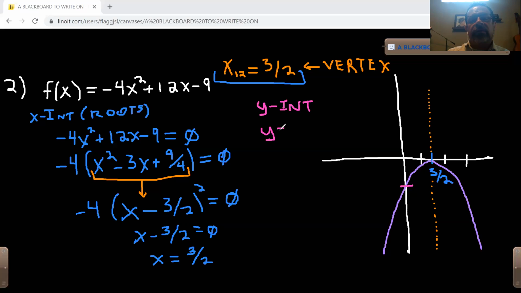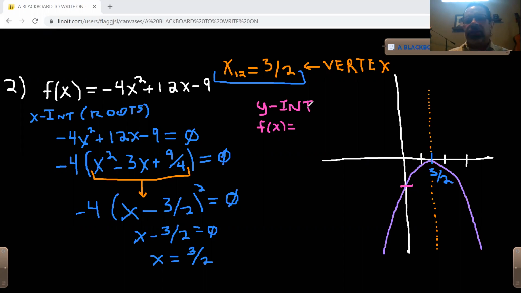So y. Professor, yes, go ahead, question. Won't it be -9? Yes, correct. We just focus on the -4x squared plus 12x, and the -9 that is there will always be the y-intercept.